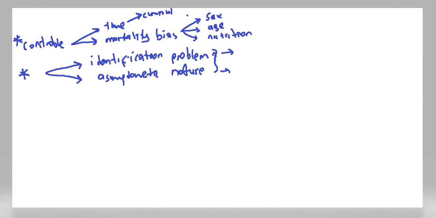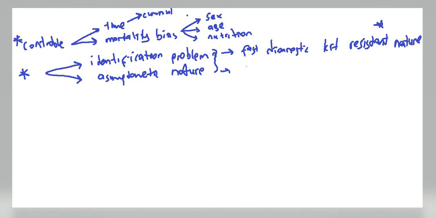In the identification problem, there is a fast diagnostic kit resistant nature. I will explain this one later. And the asymptomatic nature is also different.